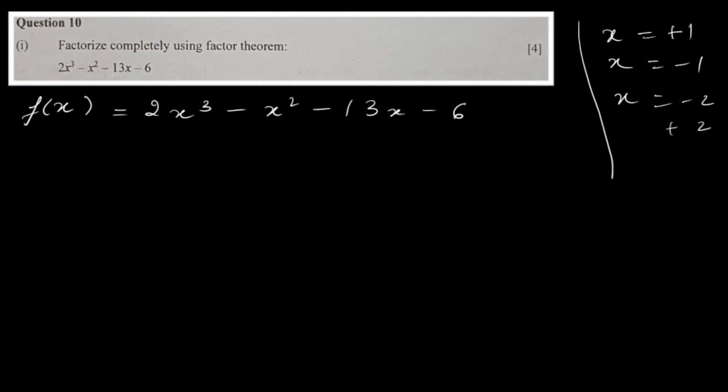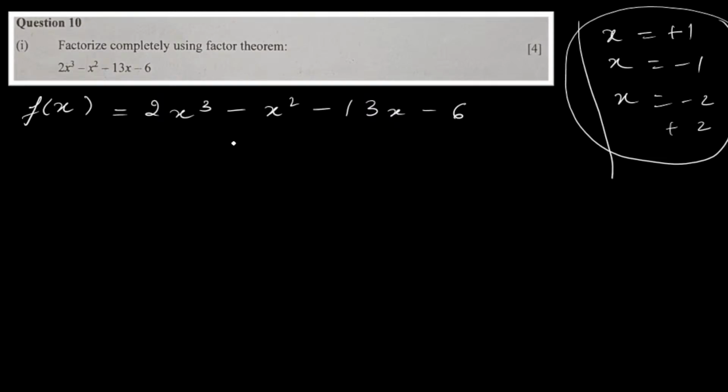Okay, then. So fx is given to us as 2x cube minus x square minus 13x minus 6. First we have to find one factor, because we will get three factors. The first factor with the help of trials we will get. The remaining two factors we will get by division, and by further factorization by splitting the middle term. So first of all, with different values we have to try.